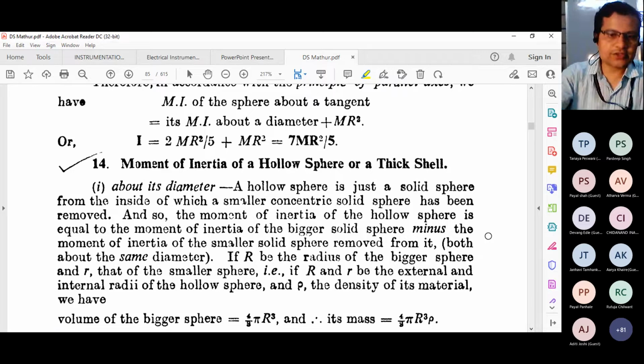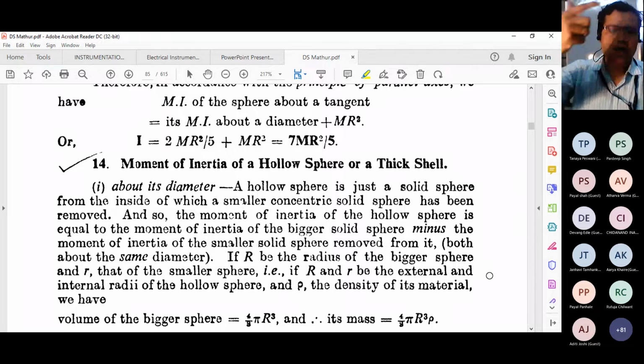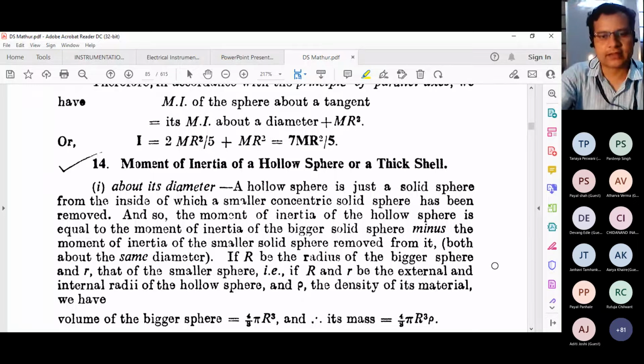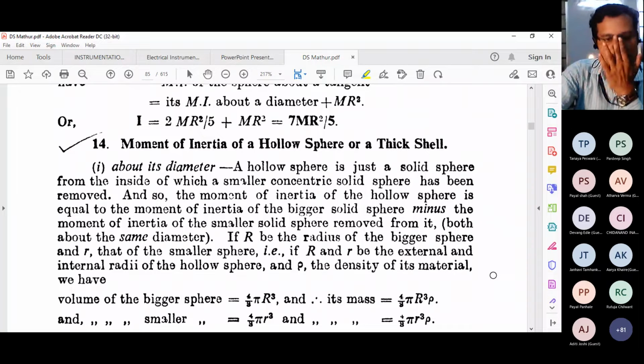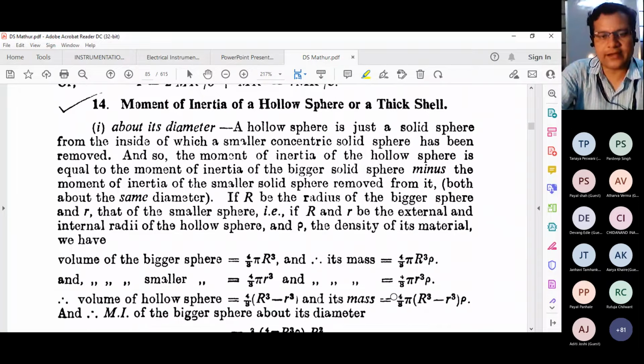So you just consider over here there are two radii, just like when you consider a cylinder or a disc which has certain thickness dx. We need to consider the sphere which has outer radius as capital R and inner radius as small r. So we consider two spheres of radius capital R and small r.